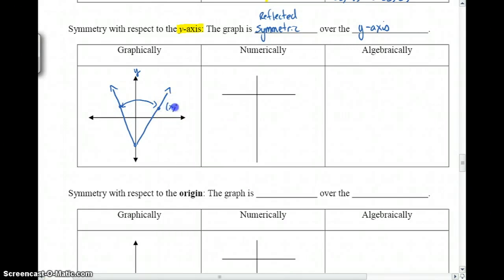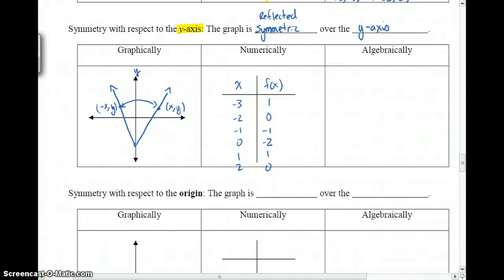So for every point x comma y, I know that negative x comma y is going to be another point. Looking at the table, x and f of x, I could do negative 3, negative 2, negative 1, 0, 1, 2. Let's say this starts at 1, 0, negative 1, negative 2, 1, 0.